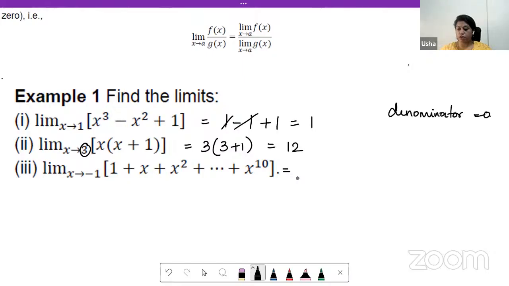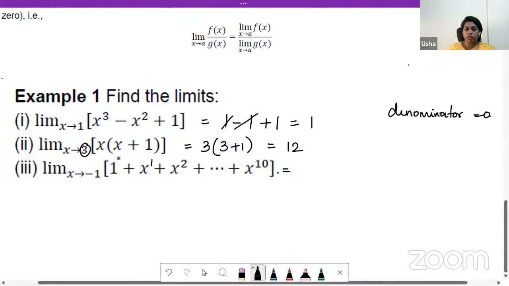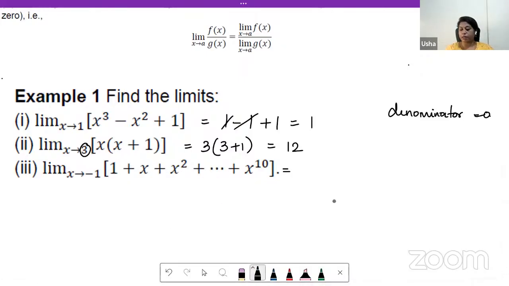It is from 1 to x power 10. Substitute the value of x as minus 1 and simplify this. You don't have to substitute it for all the 11 values here. See, this is x power 1 and 1 is nothing but x power 0. Totally 11 terms are there. You don't have to substitute for all of them. Just identify a pattern and simplify.